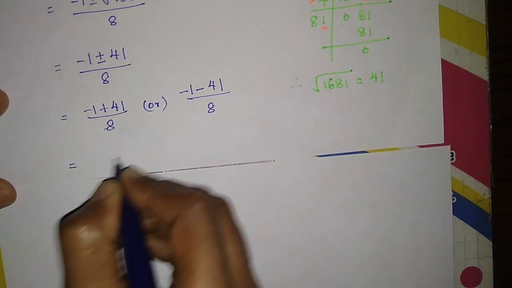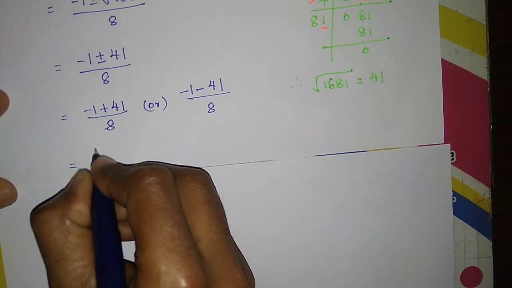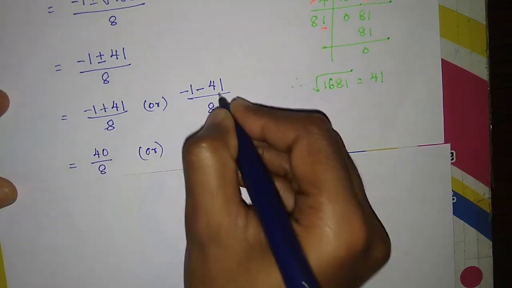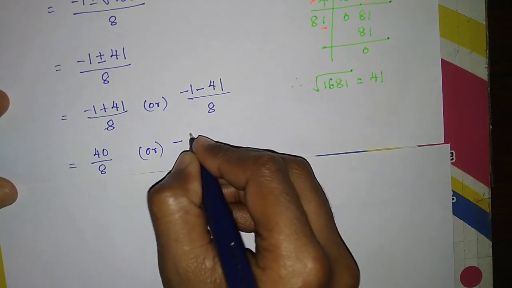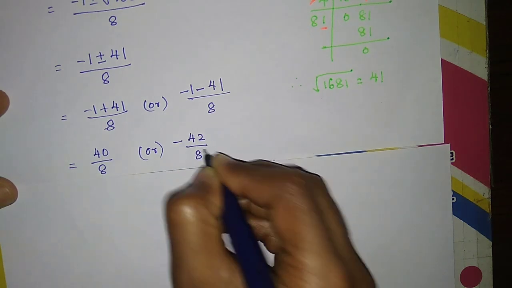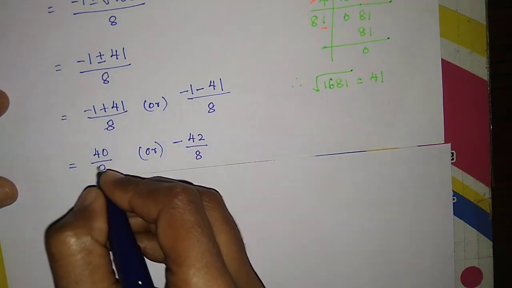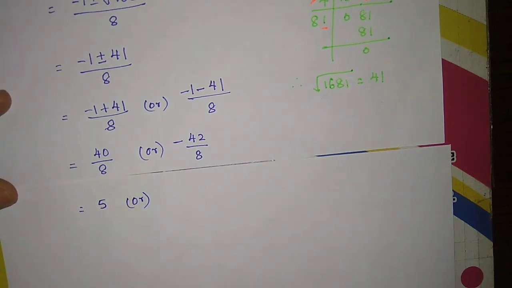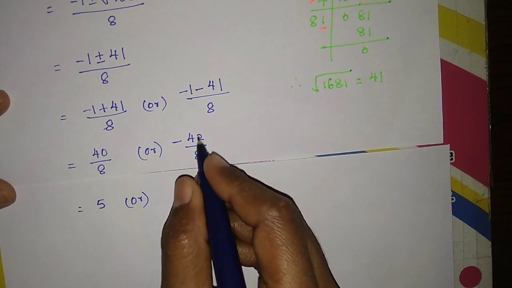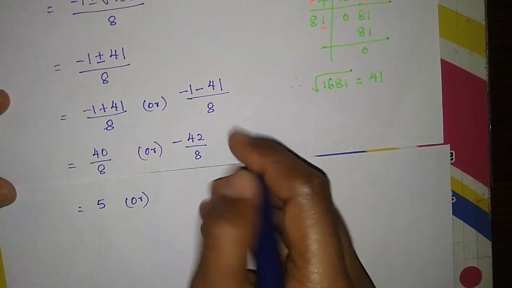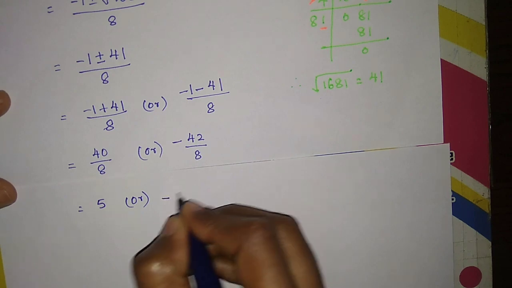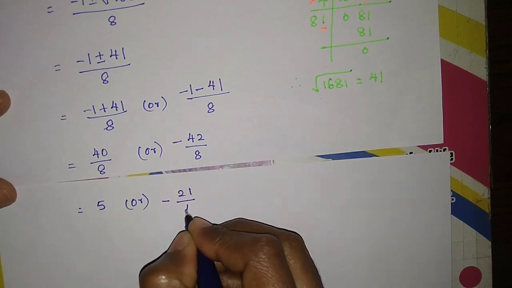This is equal to 41 minus 1 is 40 by 8, or minus 1 minus 41 is minus 42 by 8. This is equal to 5 or, 8 does not divide 42 completely. If we reduce this, it is going to be minus 21 by 4.